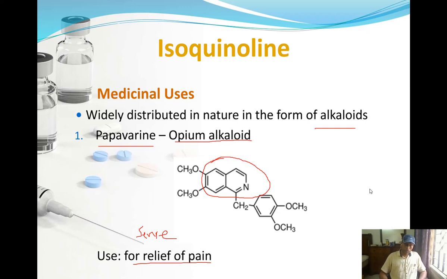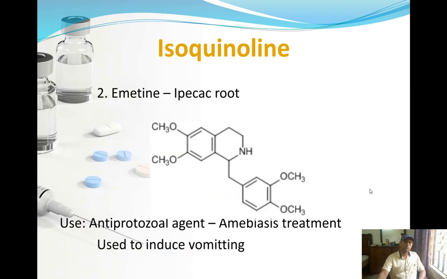Right, let's look at the second product, that is emetine. Emetine you can find in ipecac root, and this emetine product is used in case of amoebiasis. It is an anti-protozoal product, so you can use this in amoebiasis or amoebic dysentery. It is also used to induce vomiting.